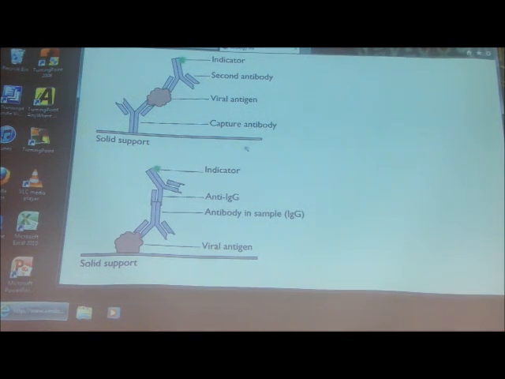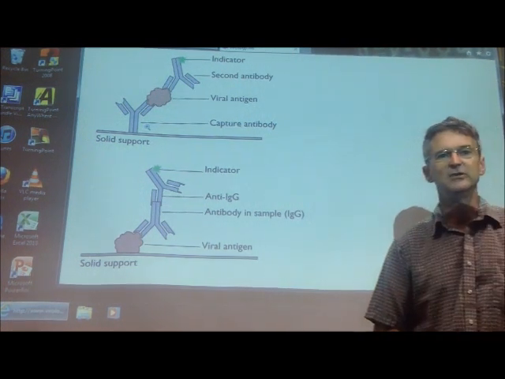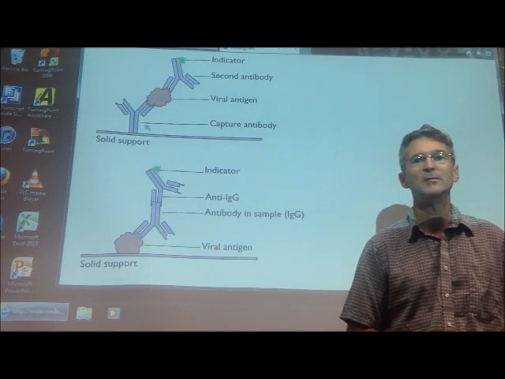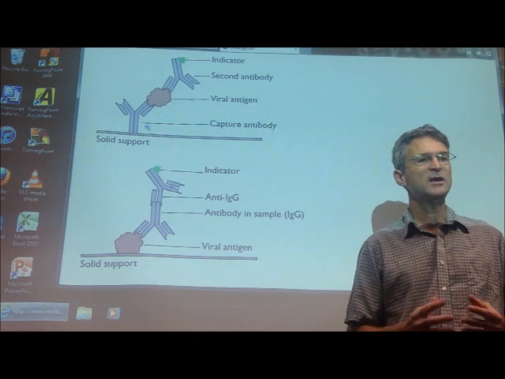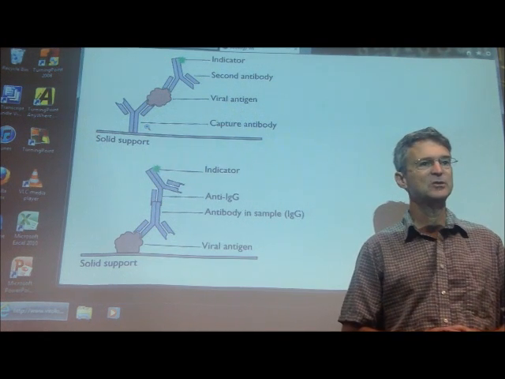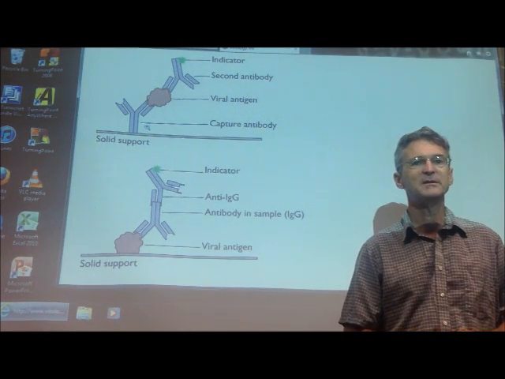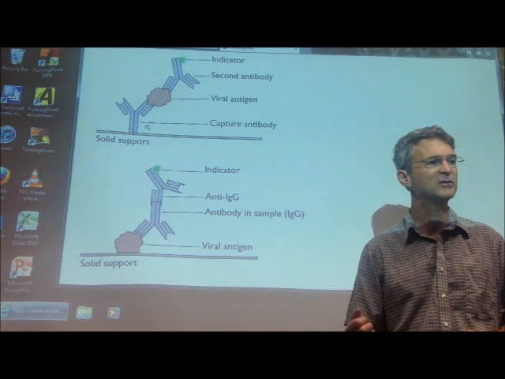So you take that plate and you add to it this capture antibody right here. And that antibody is an antibody you probably made in your own lab. You know, maybe you've made it in mice or in rabbits or something like that. And you take that antibody, it's just a straight antibody, and you adsorb it to the plate. That is, you just dispense the antibody into the plate.